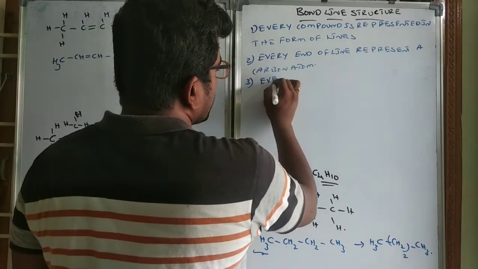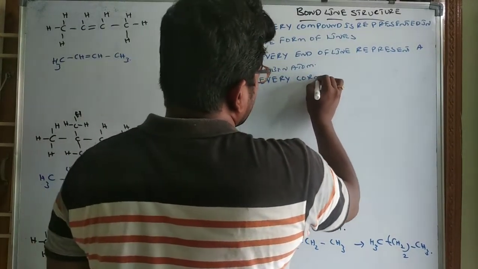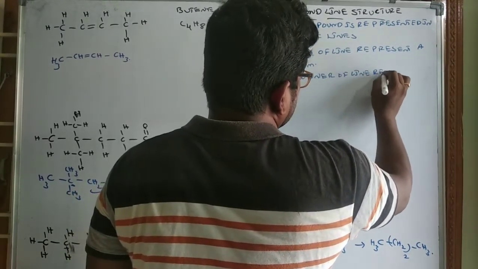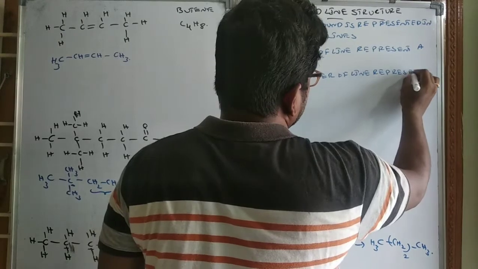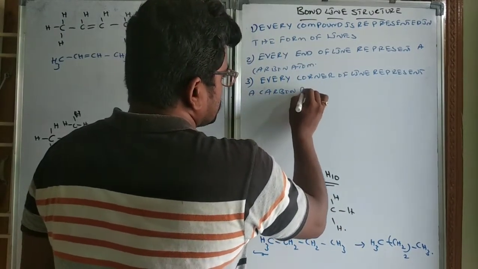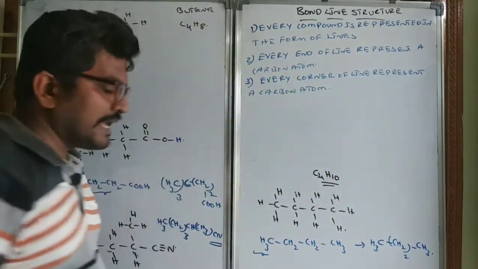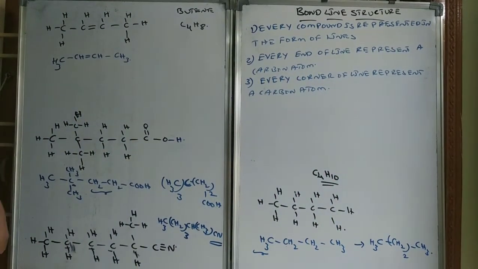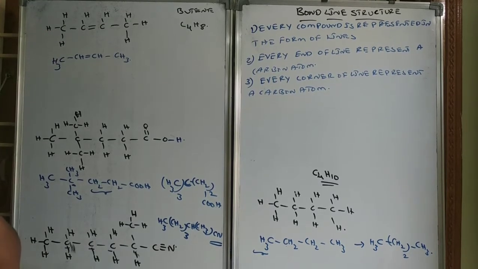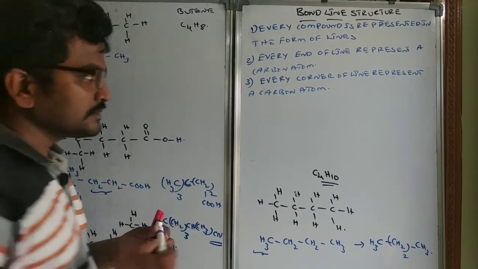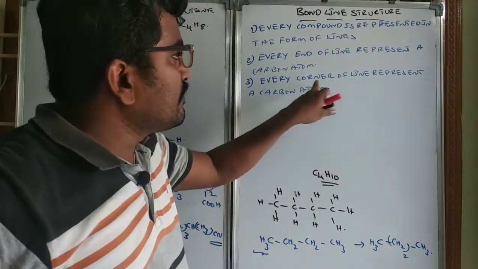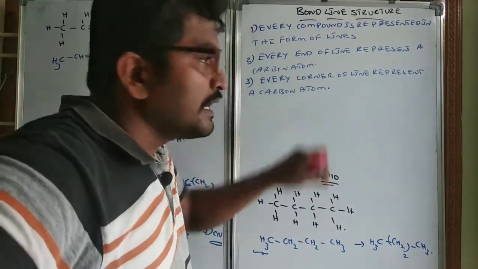And every corner of a line represents a carbon atom.